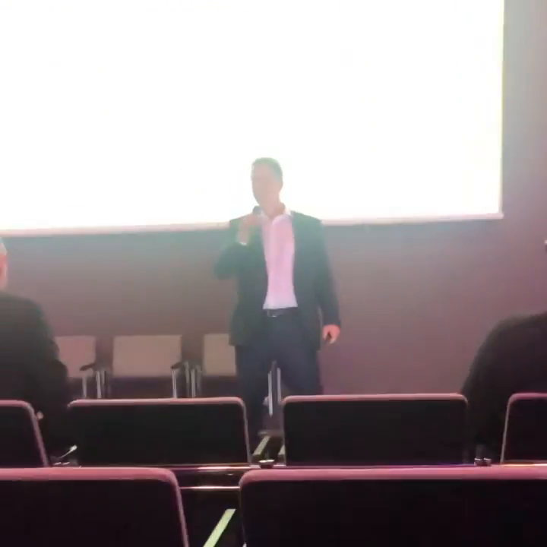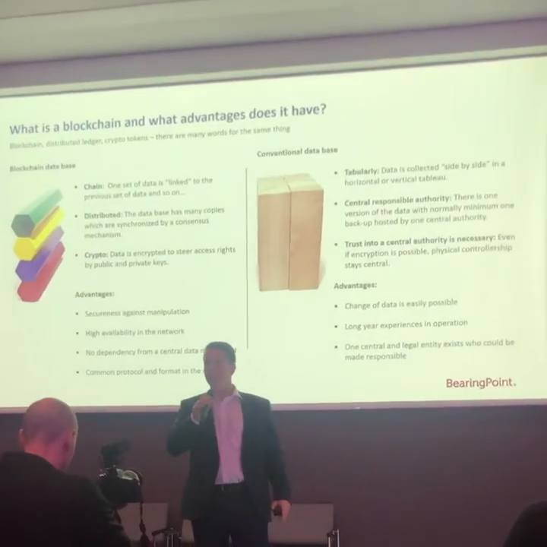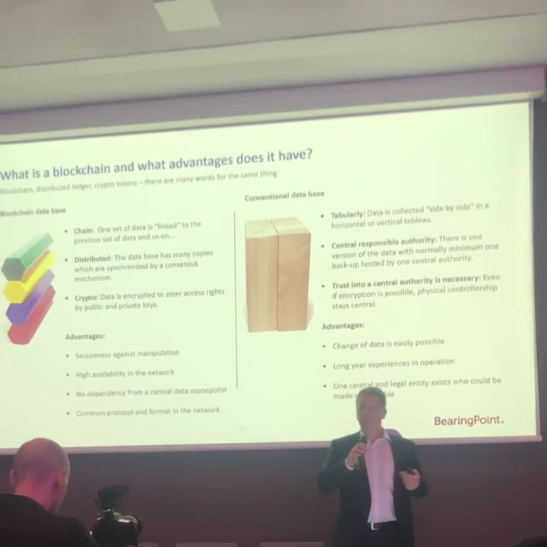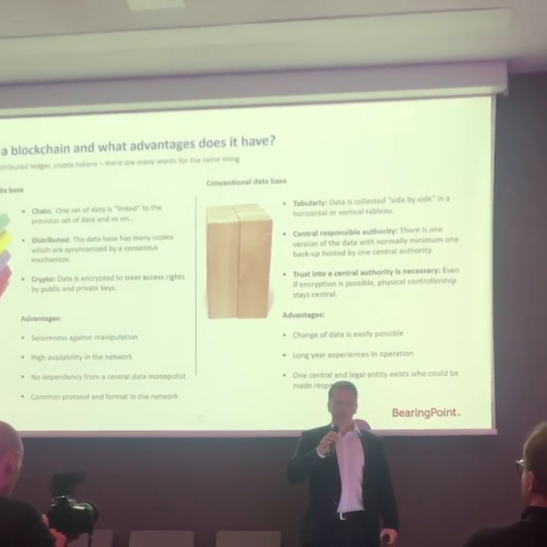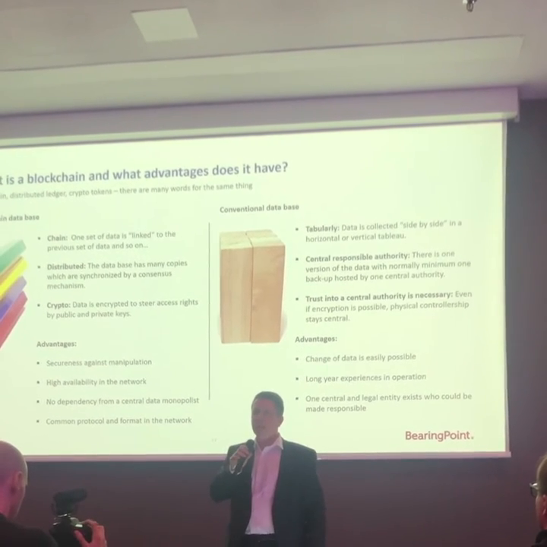So I know that in the crypto scene the opinions differ on what a blockchain really is and what not. But I think we bring a very broad definition. So we say it has 3 attributes.